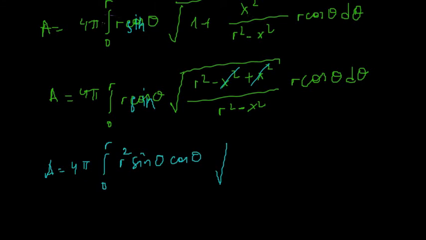Okay, yes, we are on the right way. So it's going to be equal to r squared divided by r squared minus x squared, right? Yes. Times d theta.